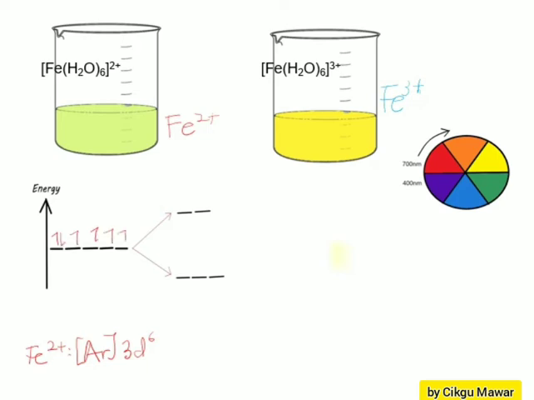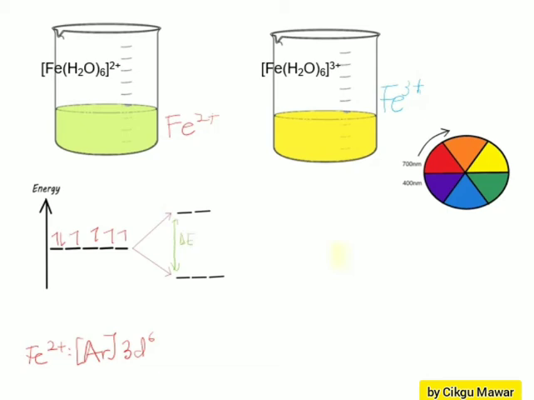Now we have 6 electrons in the 3d orbitals. With the presence of equal ligands, it will split the orbitals into two sets of orbital levels. So now it will produce the energy difference here.